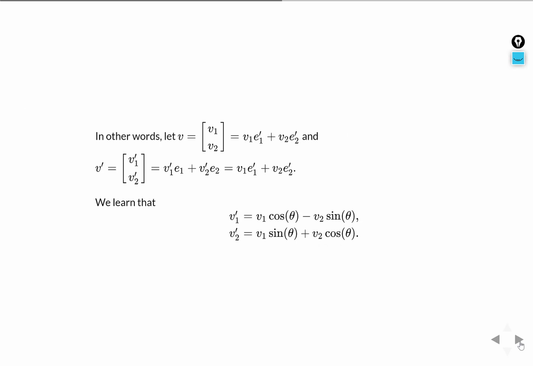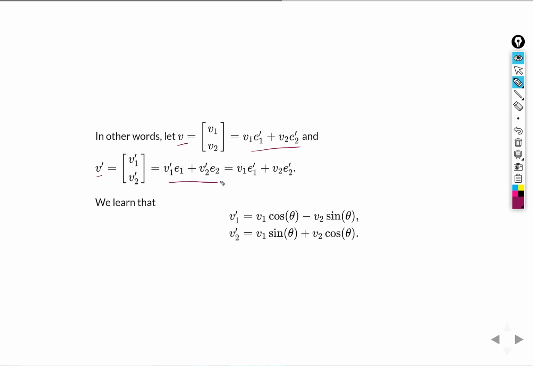Now let's find the relationship between a vector v defined in the red coordinate frame, E1 prime and E2 prime, and another arbitrary vector v prime that is defined in the blue coordinate frame.